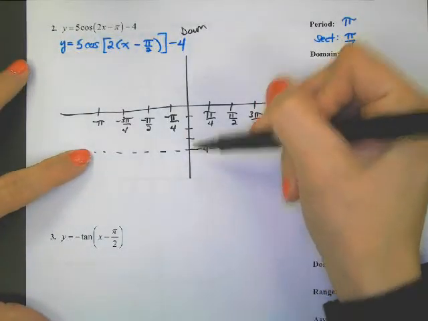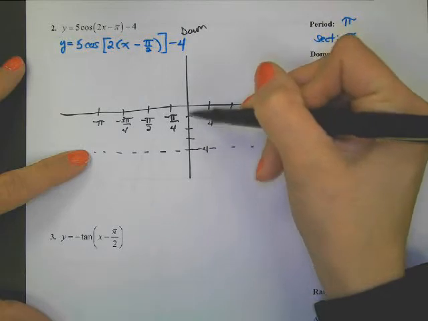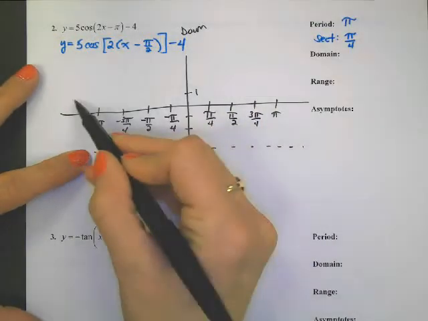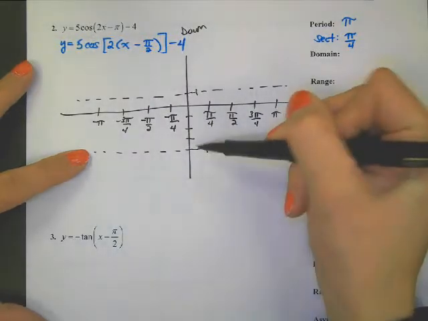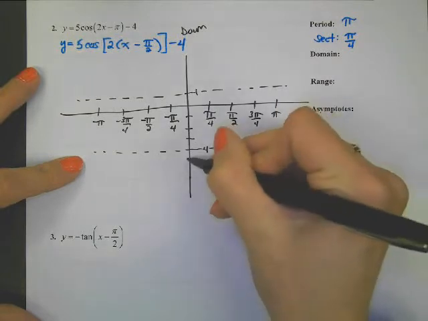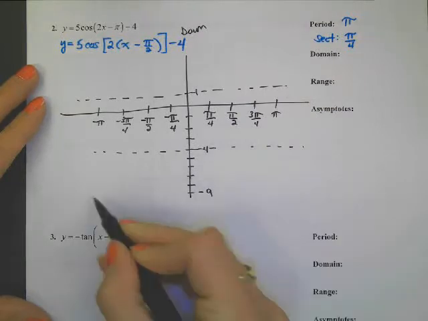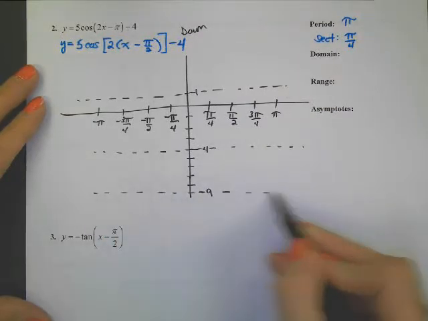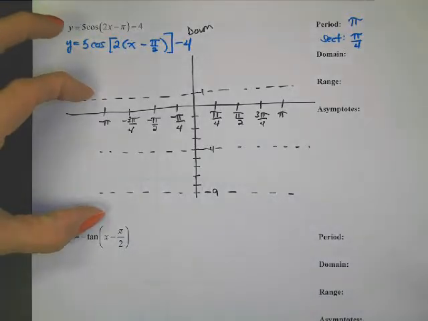So if you're down here at -4, you could reach up 5 units, 1, 2, 3, 4, 5. That's as high as +1. And go back to -4, because from here you could reach down 5 units, taking us to 1, 2, 3, 4, 5, -9. So your entire graph is going to be between -9 and +1.